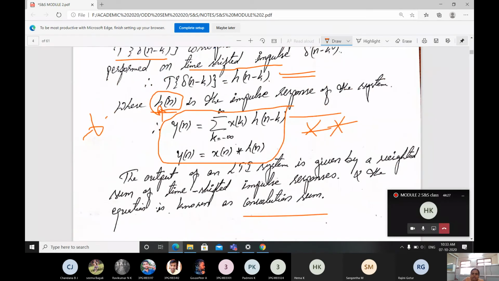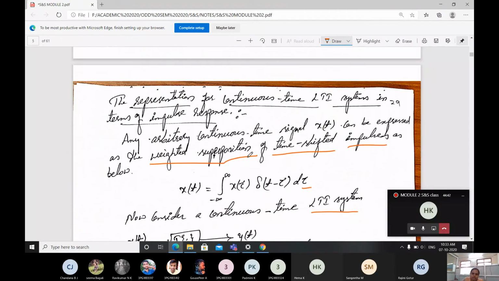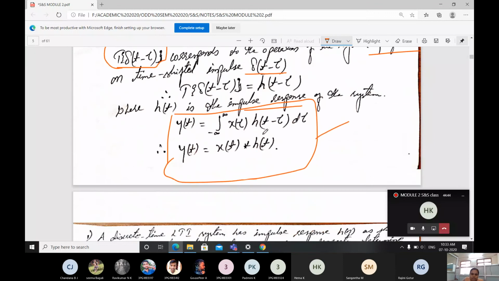You have to remember these two formulas, continuous and discrete, as we will be using them repetitively from now onwards when deriving the properties of signals. Remember this part.